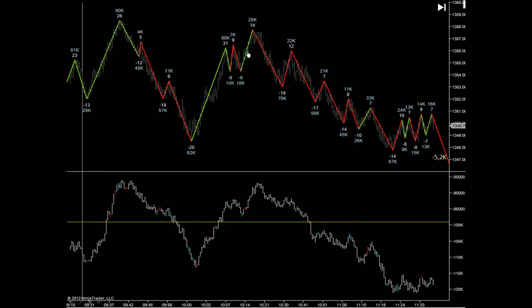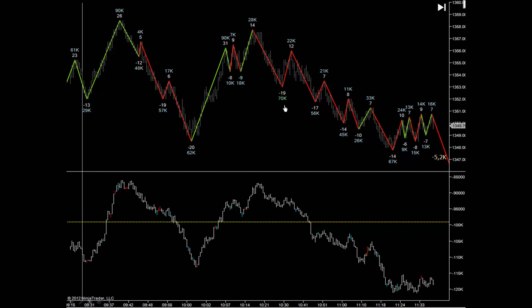And now we're going to look at the move down from 1358 to 1347.50. Note that in this case we have the added confirmation up here that we are reversing off a known area. So this is a failed attempt at the high of the day. We start off with a 70,000 push down, and we start off with 19 ticks.